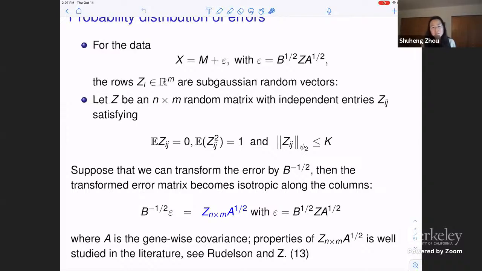So here, at least we make the error part independent, and with more definition on the Z vector, we can look at this Z A^(1/2) as a random design which satisfies certain nice conditions to do statistical inference.